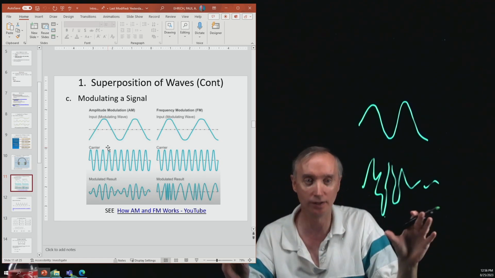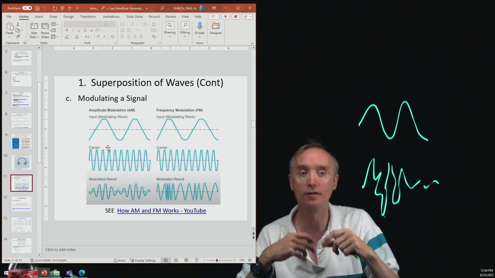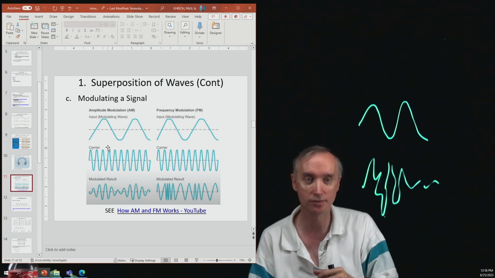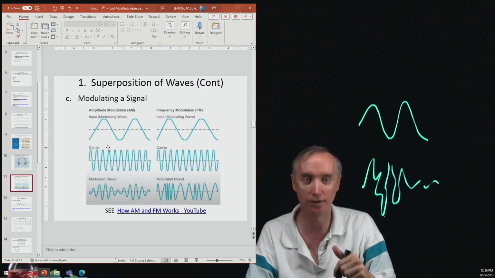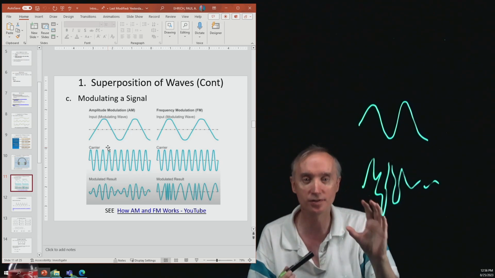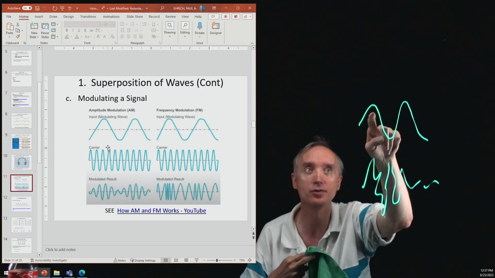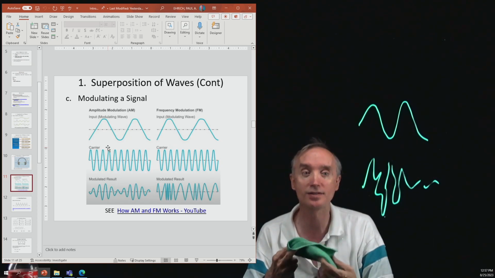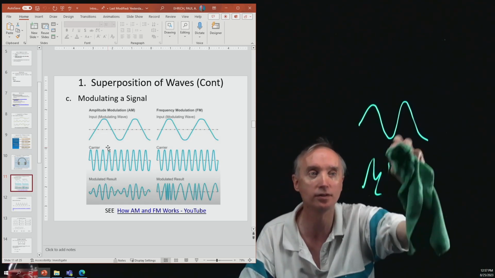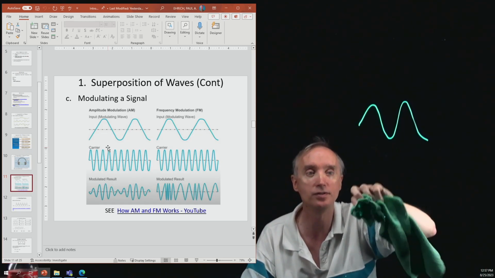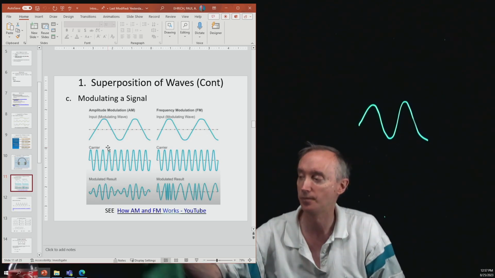It's going to be really complicated because your voice is a combination of many, many different frequencies. And then when you blend it all together, you get this really complicated looking pattern. But just for the sake of argument, let's assume that this represents the signal that's being transmitted by the radio station. So that's going to be the music that you're trying to listen to, or it could be voices on talk radio that you're trying to listen to.